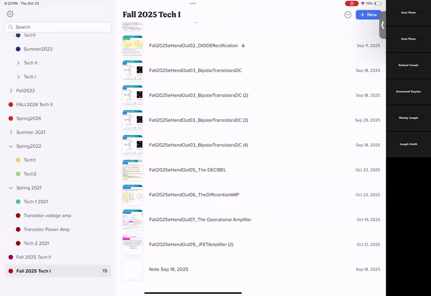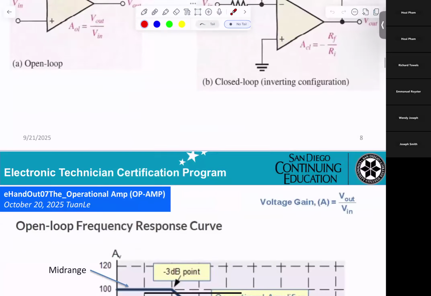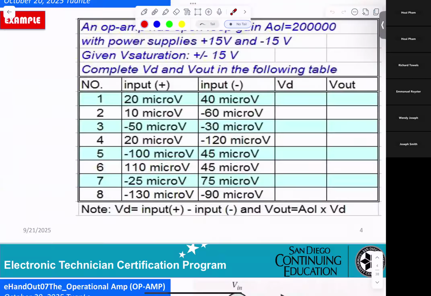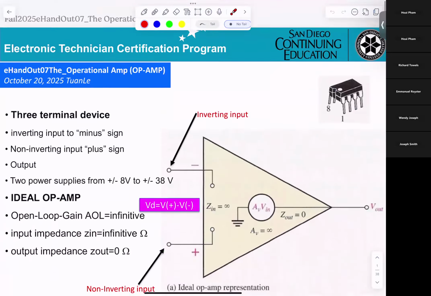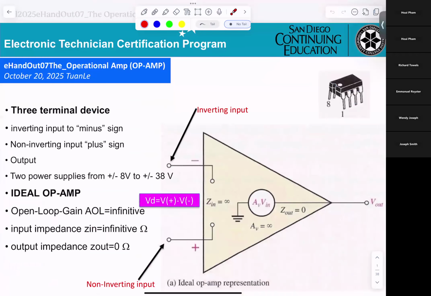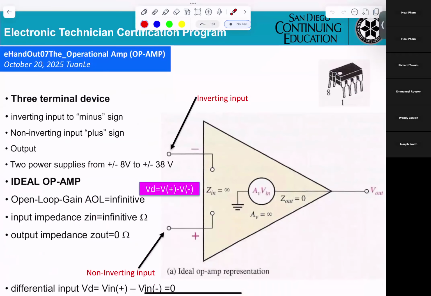Next meeting will be that one here. That means next meeting we'll be talking about the operational amplifier. Next one.